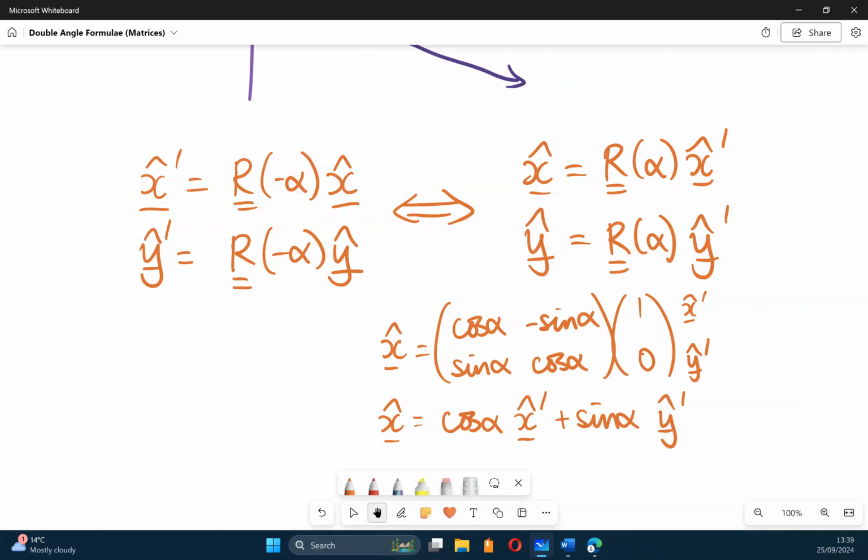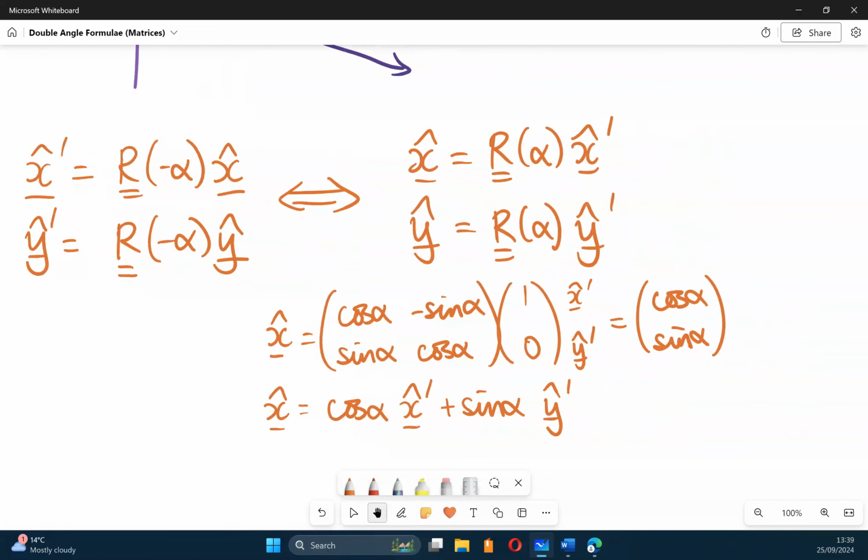Because what this expression gives us is cosine alpha and sine of alpha, and these are still in the x prime hat and y prime hat bases. So because we know x hat is 1, 0 in its own basis, what we've just done here is that we've said that we want to get the x hat axis in terms of the x prime hat axis, and it's just a rotation of the x prime hat axis by an angle alpha.